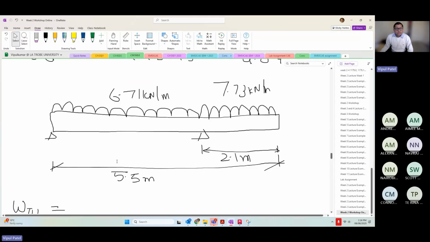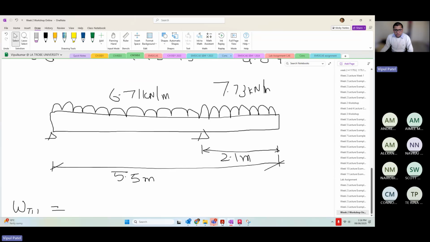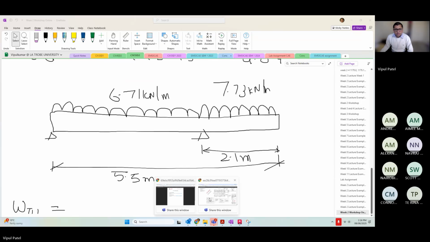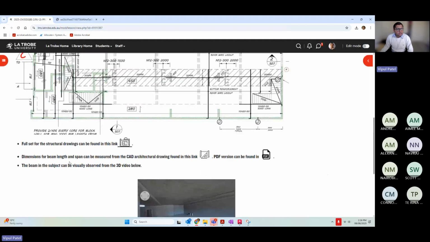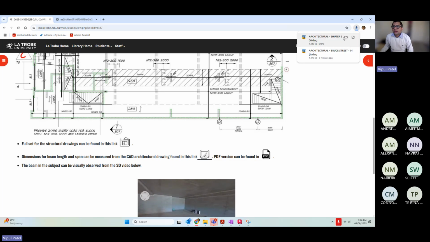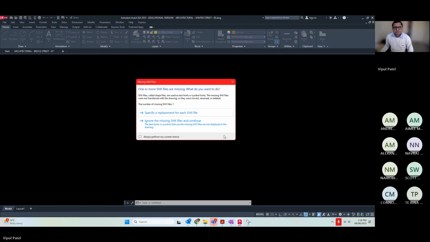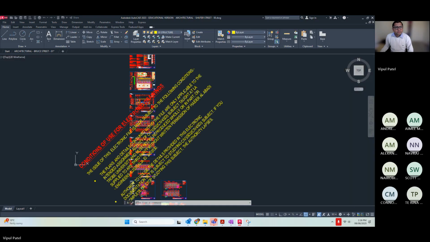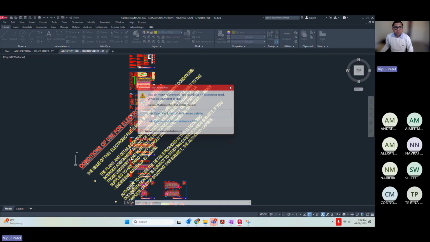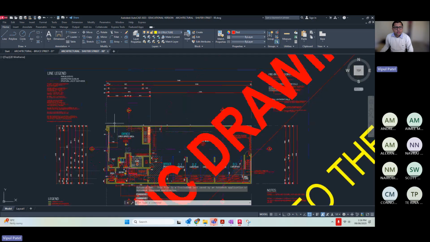All right, so that's pretty much the questions. So let me read the questions again. So the structural engineering drawings, I have done it. Dimension for beam length and span, CAD drawings. So you can download these CAD drawings again, and I can open it for these CAD drawings. Yep, that's your CAD drawings for your slabs, and you can take all the measurements.